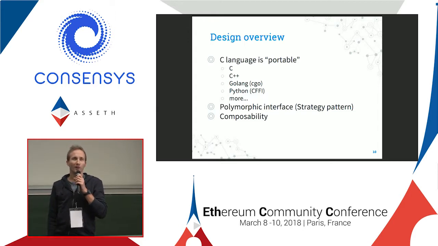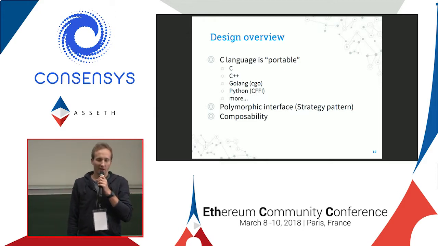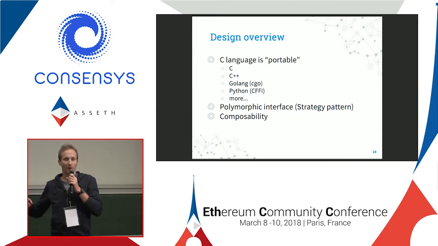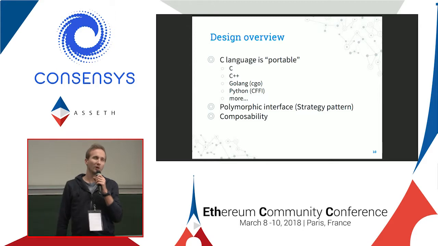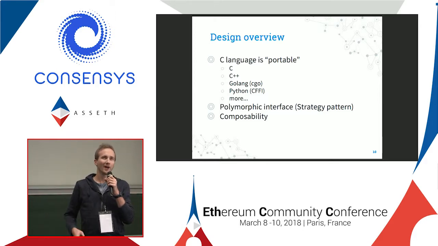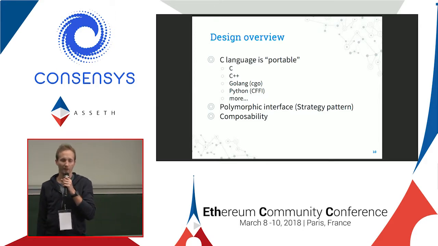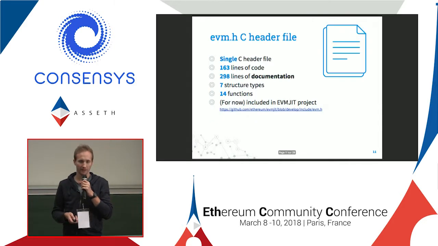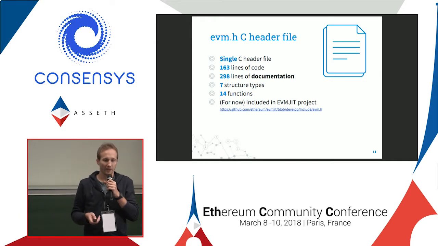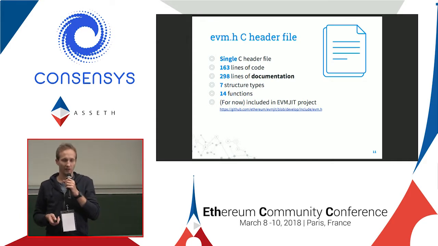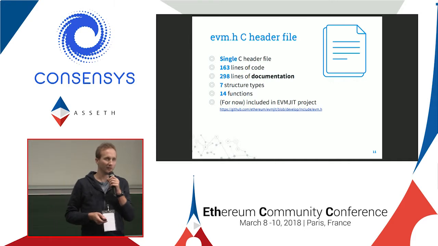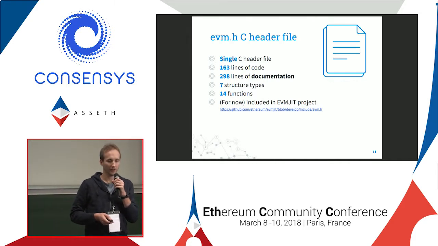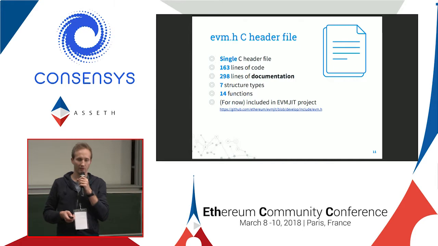You can import C libraries, that's the easiest part. And there exist tools that allow you to export C functions from other languages, while keeping compatibility with the C ABI. The whole specification and design of EVMC is just a single file that still exists somewhere in the EVMJIT project.